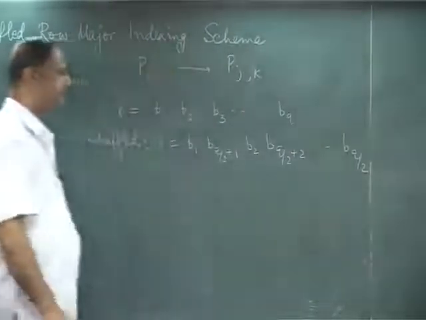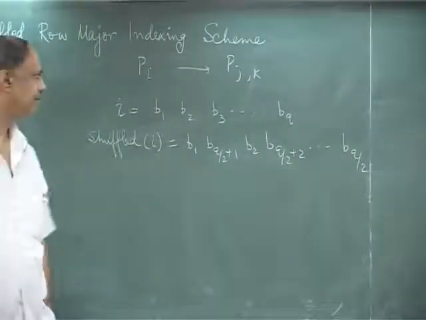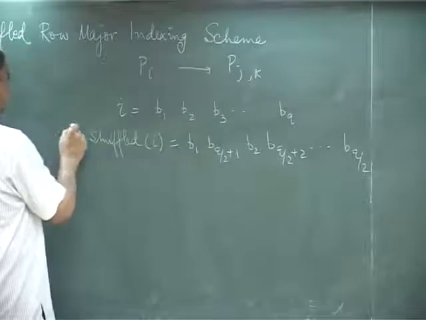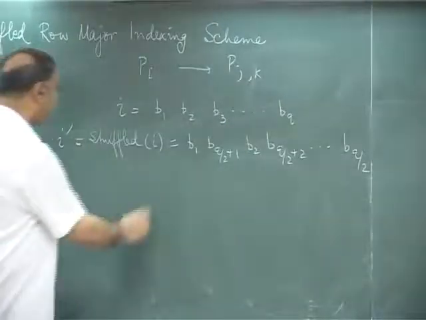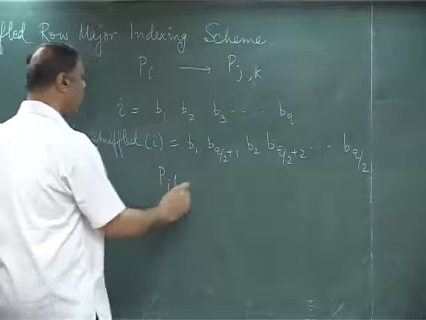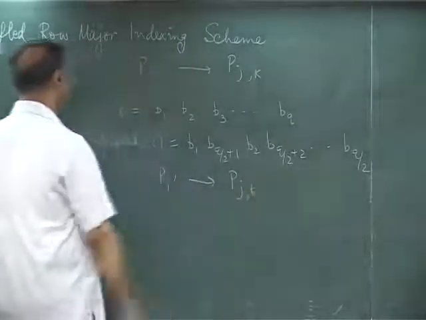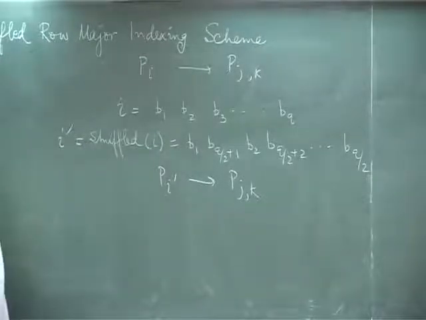Okay? Then what we will do, if it is i dash, then Pi dash occupies the location of Pjk in the shuffled row major indexing scheme.